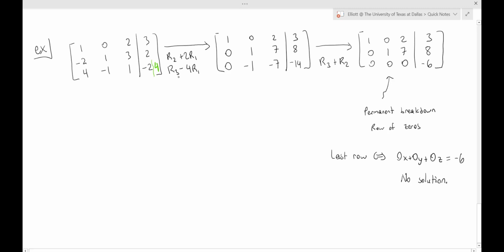When we did row 3 minus 4 of row 1, we would have had 4 minus 12, and that would have given us a negative 8 here instead. And then when we did row 3 plus row 2, the 8 and the negative 8 would have canceled as well, and we would have gotten 0 at the end. So then all of a sudden your last row would say 0x plus 0y plus 0z equals 0. And there's actually nothing wrong with that, right?